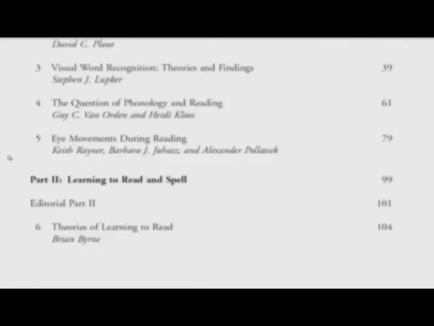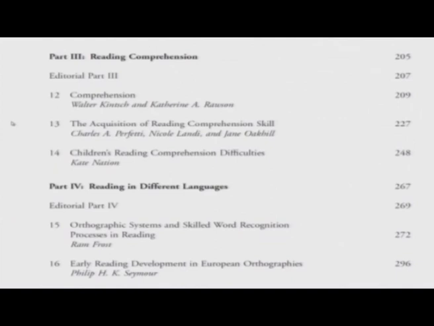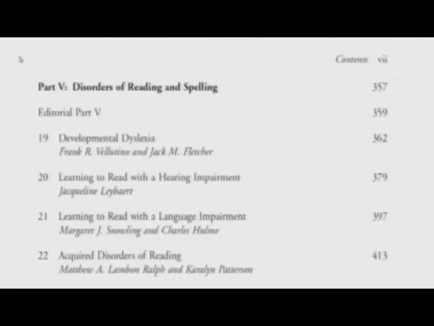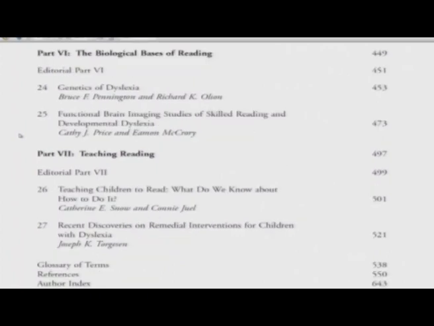So, for example, part 1 is word recognition processes in reading, part 2 learning to read and spell, part 3 reading comprehension, part 4 reading in different languages, part 5 disorders of reading and spelling, part 6 the biological basis of reading, part 7 teaching reading.